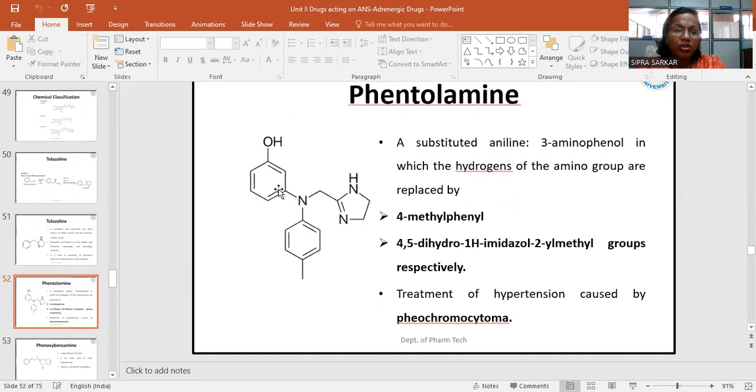At the third position, an aminophenol ring is present. If we number the ring 1, 2, 3, at the 3 position there is an amino NH2 and a phenol group. The drug name is 4,5-dihydro-1H-imidazole with 2-methyl groups respectively. It is used for treatment of hypertension caused by pheochromocytoma.